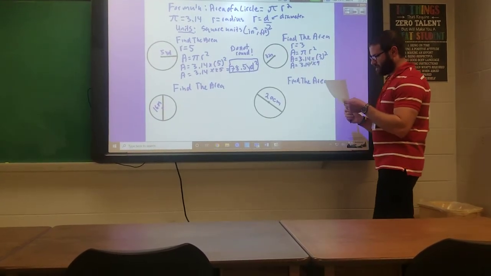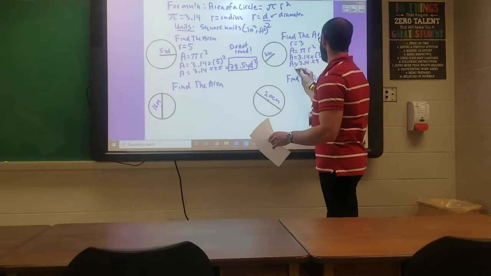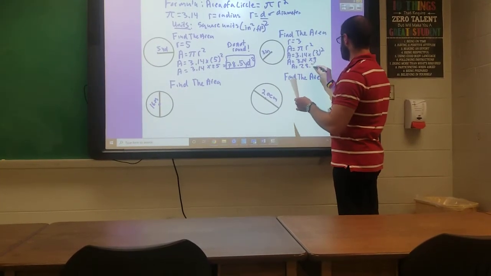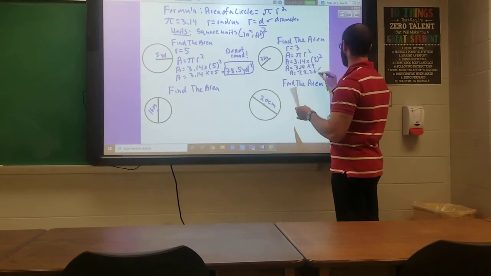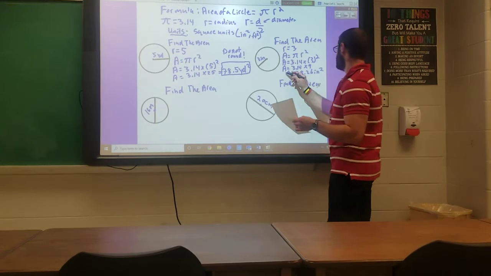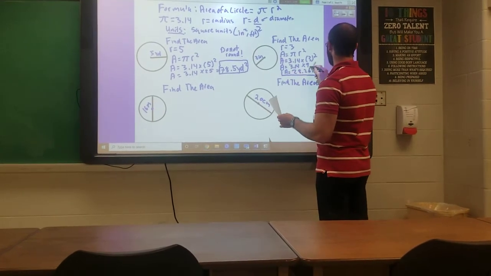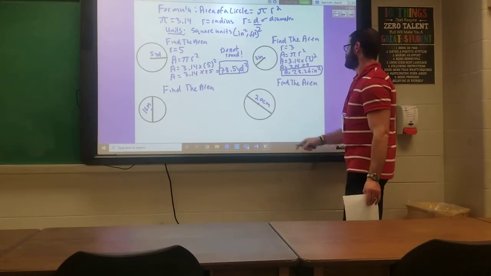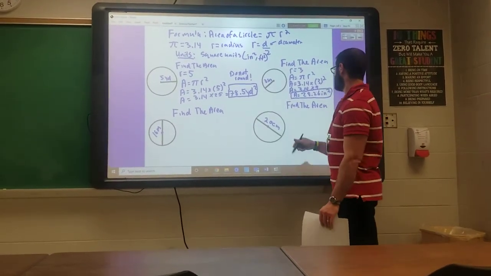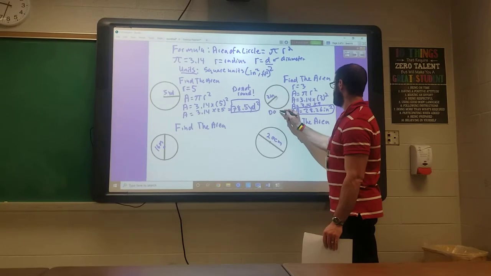And what we end up with is the area equal to 28.26 inches squared. Okay, we got to have the square units. Again, do not round. Okay, keep that as 28.26.